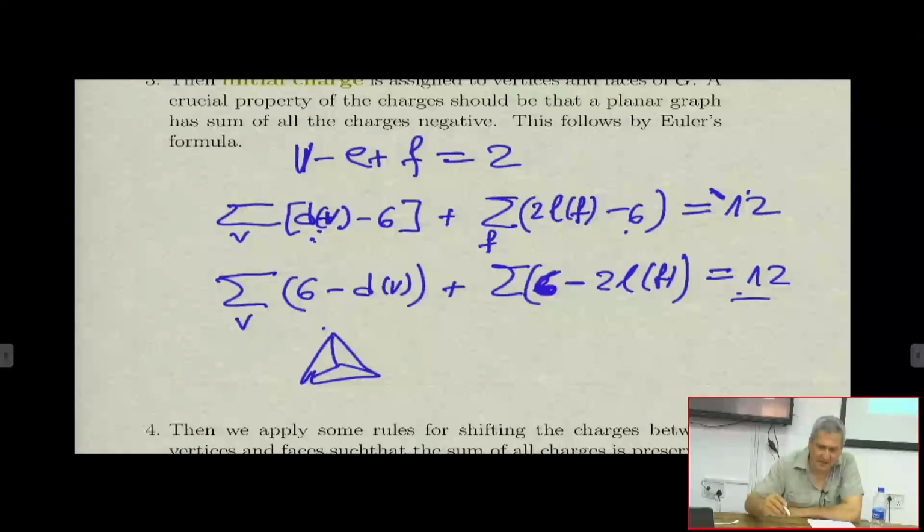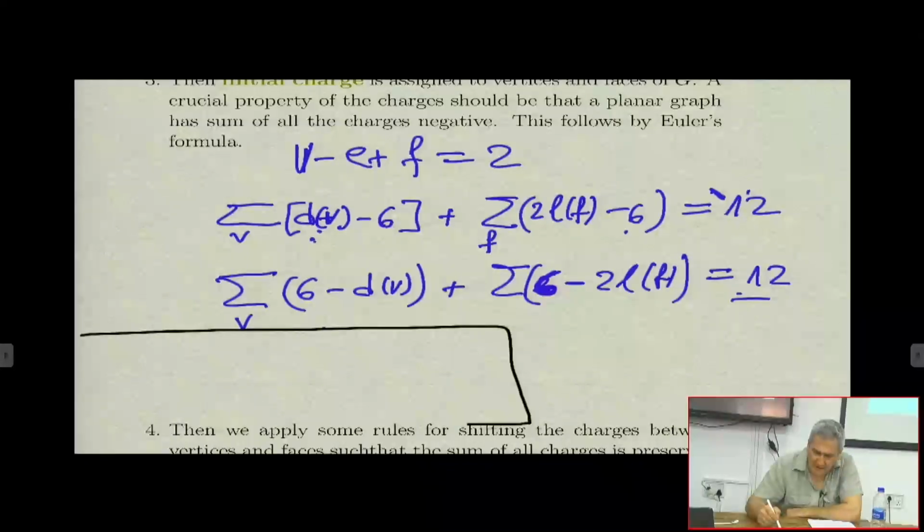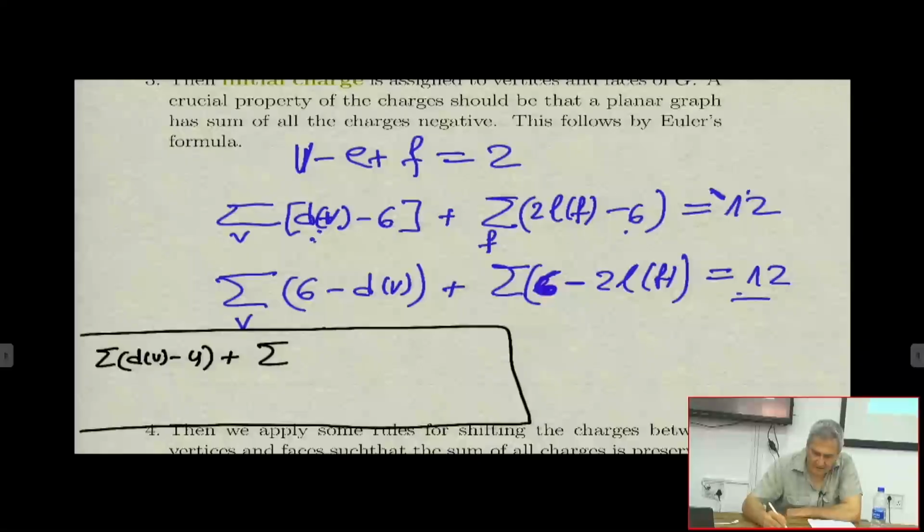Okay, you can have many variations of this. Maybe you have seen it also in this form: degree of the vertex minus 4, plus length of the face minus 4, equals minus 8.